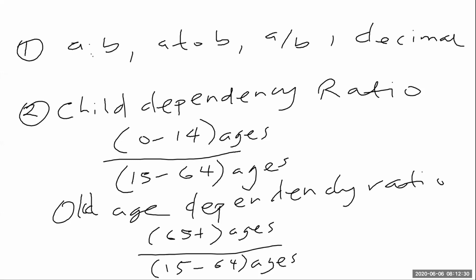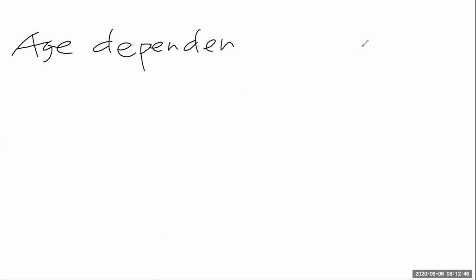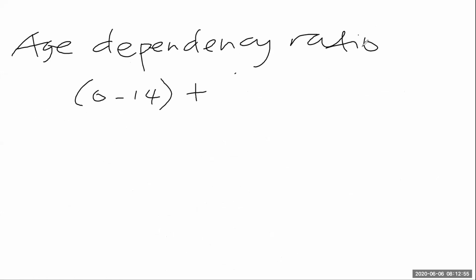Okay, let me clear that, and then we look at the last one, which is the age dependency ratio. For age dependency, you put the 0 to 14 ages plus the other group of dependents, 65 and older.